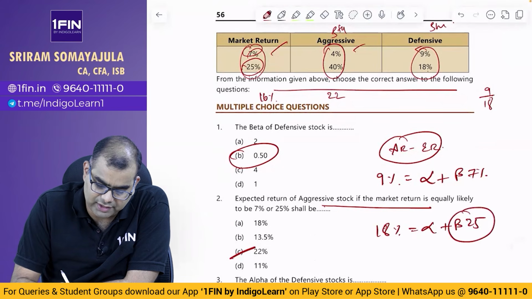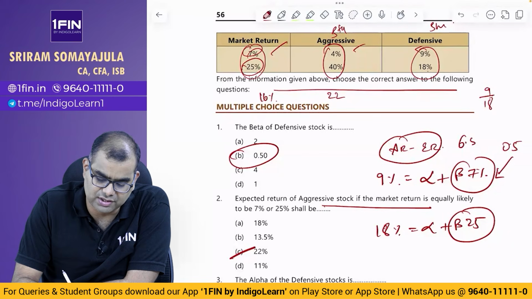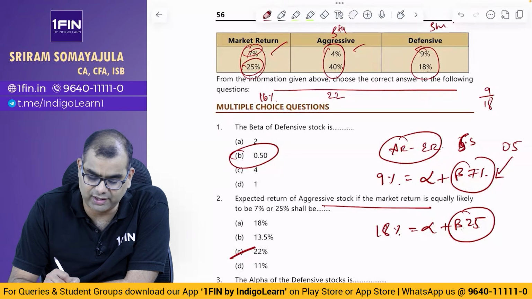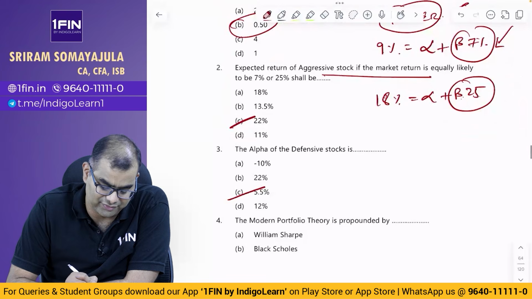Now what is our beta here? Beta we found out for defensive is 0.5. So 0.5 into 7 is 3.5. 9 minus 3.5 is 5.5. Is it coming same here? 5.5 into 25 is 12.5. 18 minus 12.5 is 5.5. So alpha is 5.5. What a weird question.